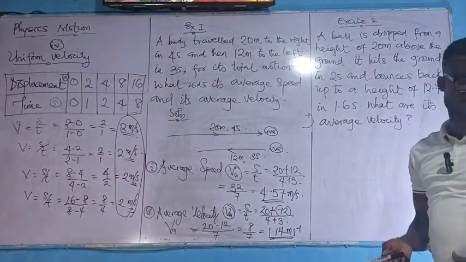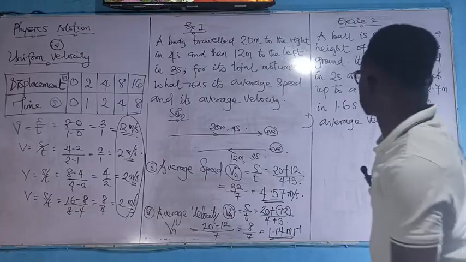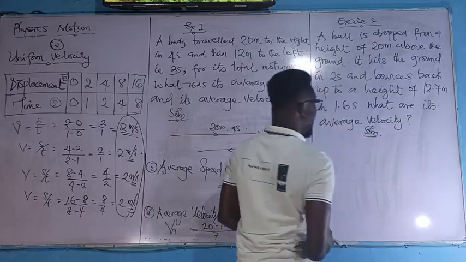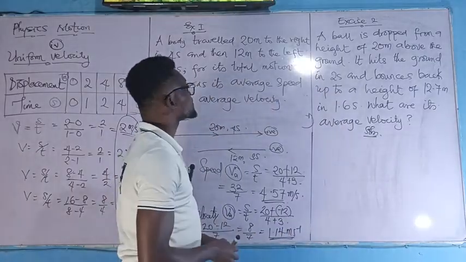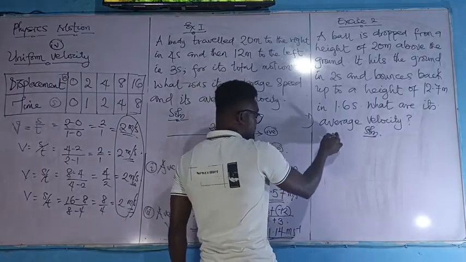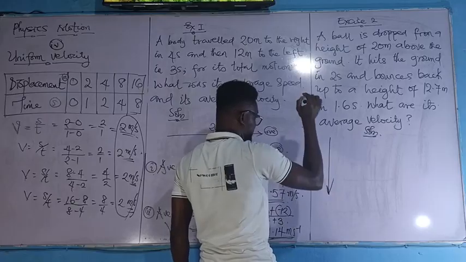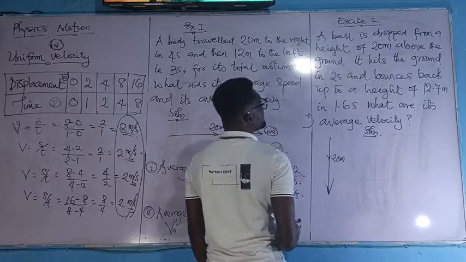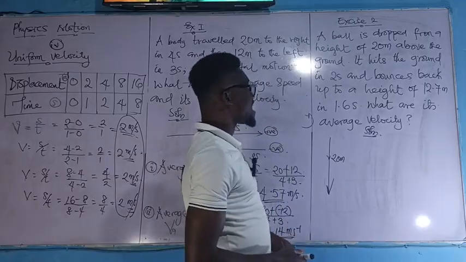Now we work on this. So, solution to the question: we are asked to find the average velocity. The ball is dropped from this very height of 20 meters above the ground.